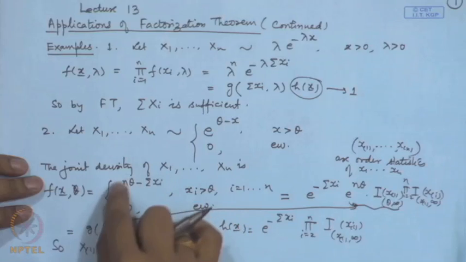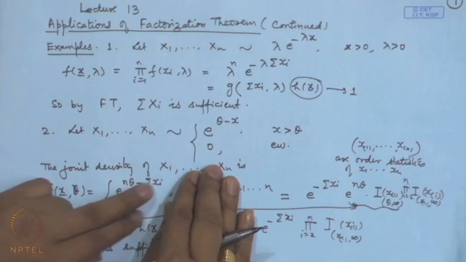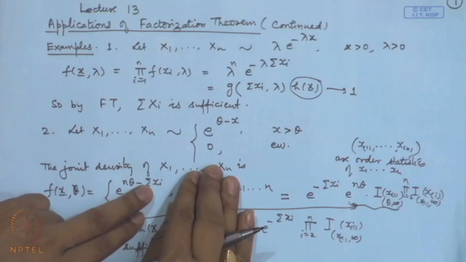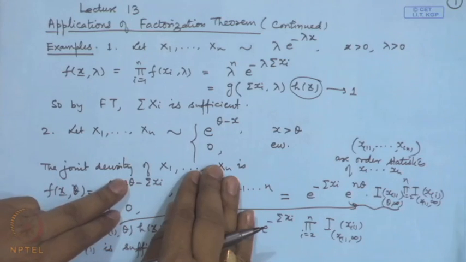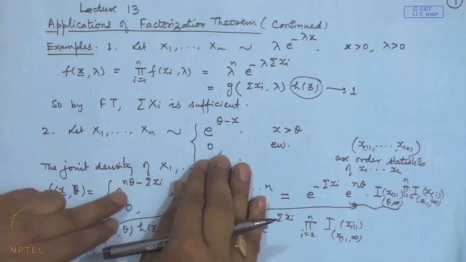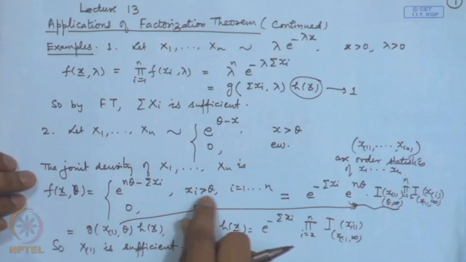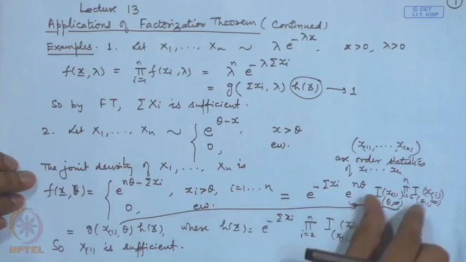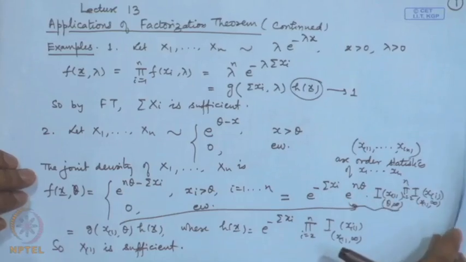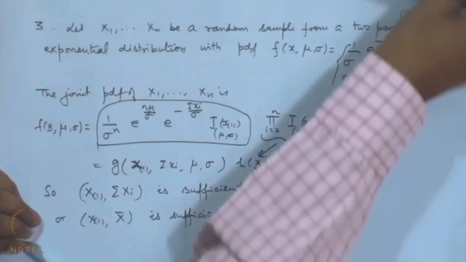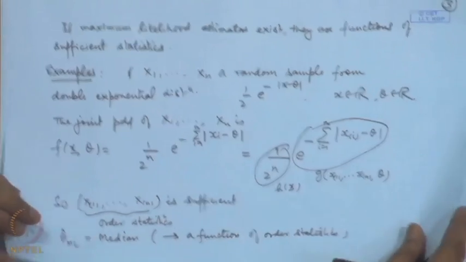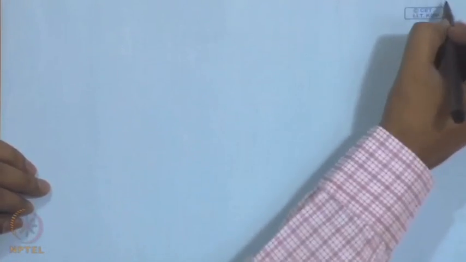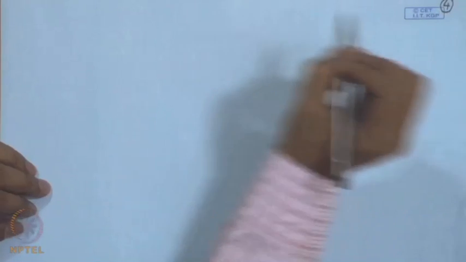For example, if we had written only this part, then there is no sufficient statistics here, because e to the power minus sigma x I can be separately written, e to the power n theta can be separately written. However, this is not a complete description of the density unless we include the region x I greater than theta for all I, and this is the way of including this. A similar phenomenon is observed in the uniform distributions also, where the range of the variable is dependent upon the parameter.